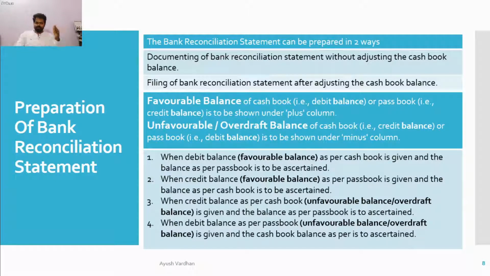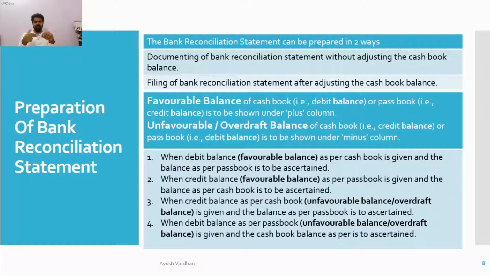Okay, so these are the two: favorable and unfavorable balances. So there could now be four methods, two methods for favorable balances and two methods for unfavorable balances. So how do you make the reconciliation? First, you start with the cash book. Another is you start with the passbook. When you start reconciliation, you have to take a basis.